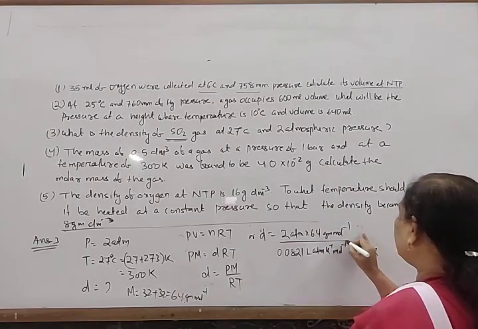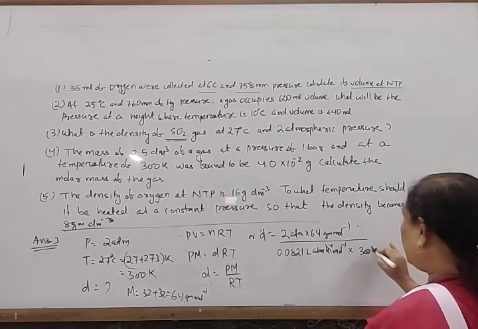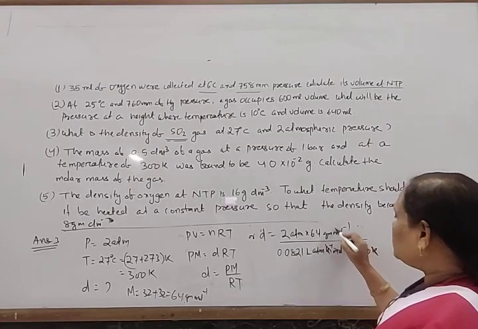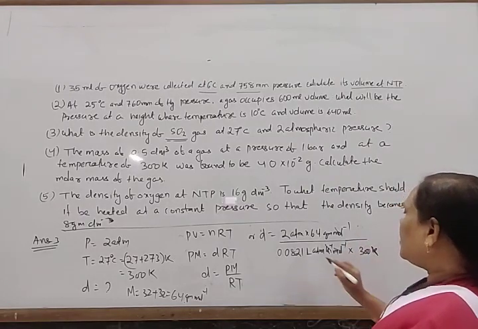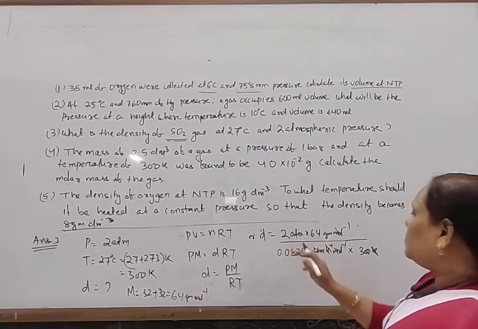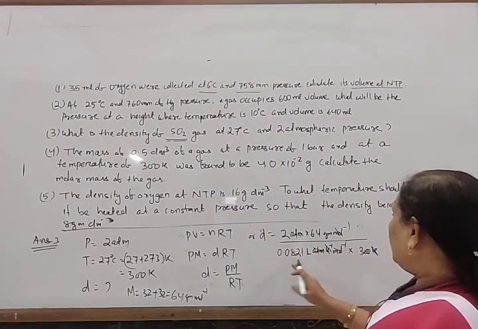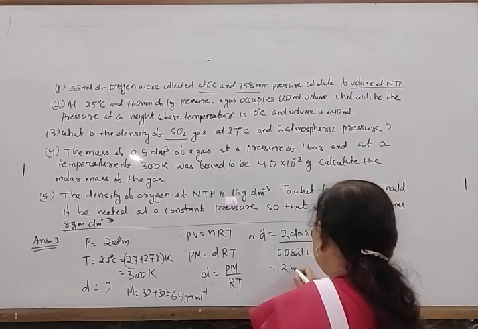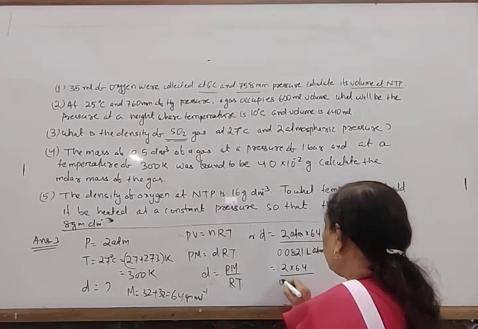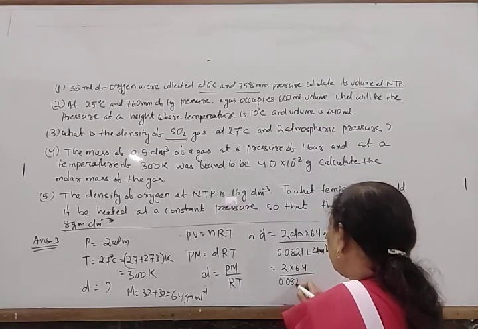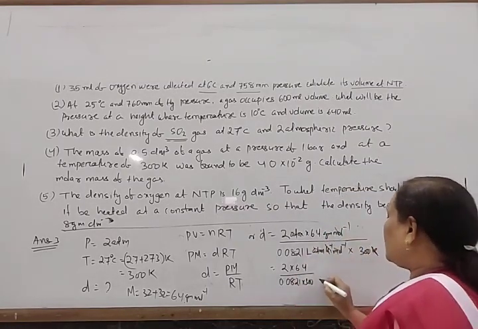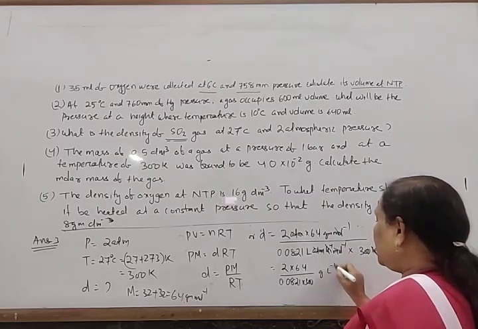So in this way, Kelvin unit cancels, mole inverse cancels, atmosphere unit also cancels. So 2 into 64 divided by 0.0821 into 300, gram liter inverse.